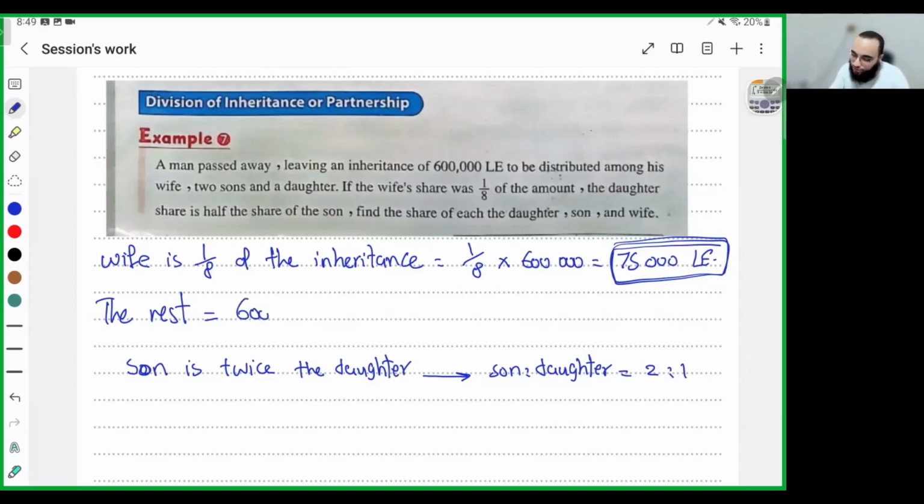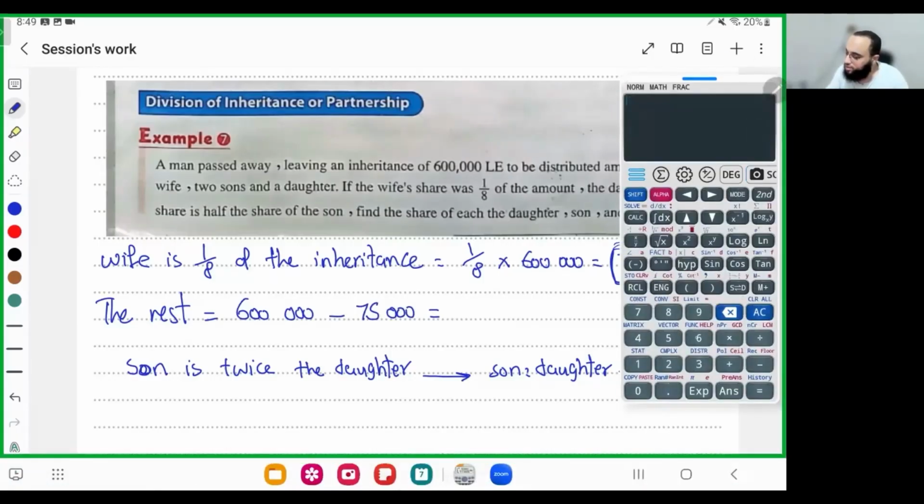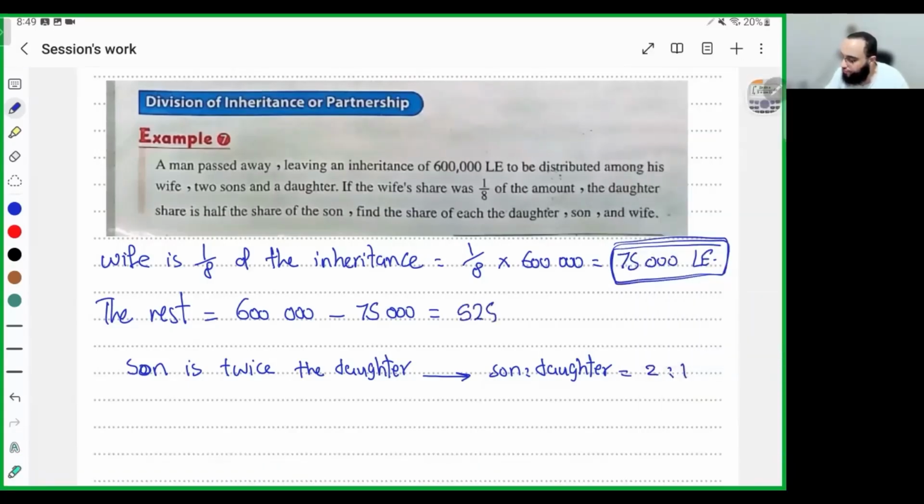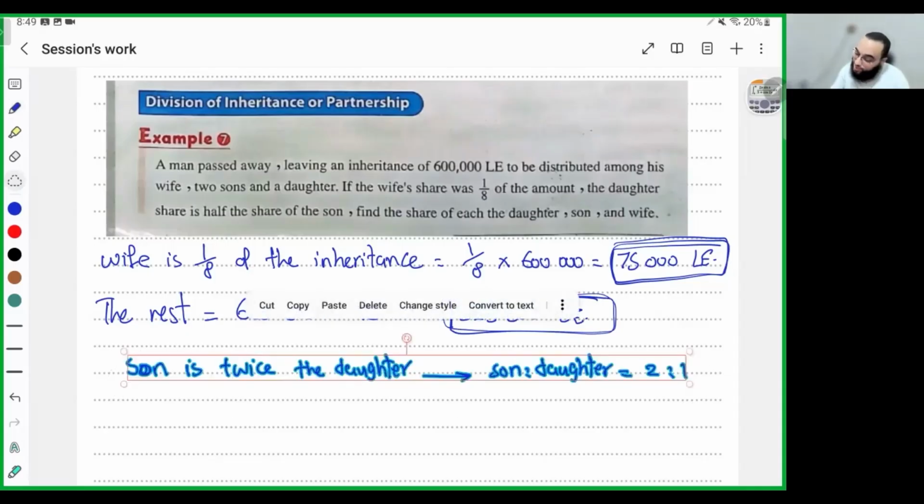Then it's 600,000 minus 75,000. Okay? 600,000 minus 75,000 is going to be 525,000 pounds. LE. This is the share of what? The sons and the daughter.